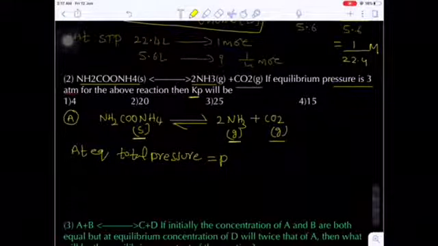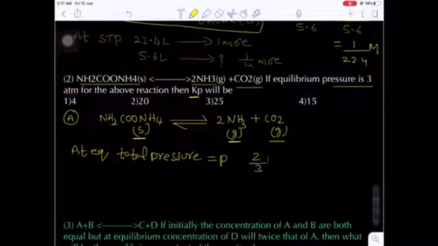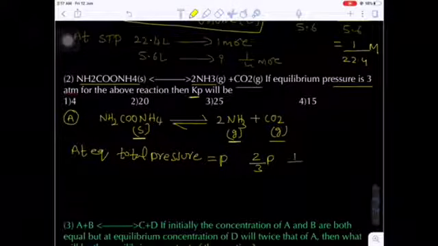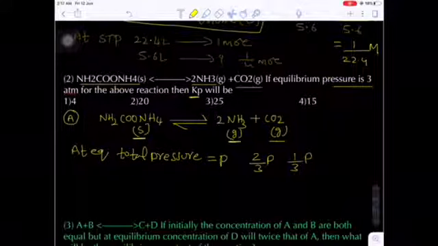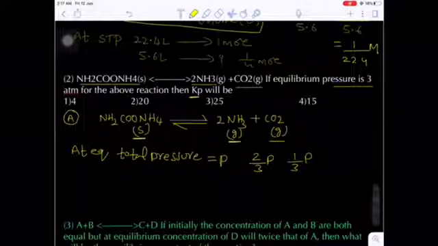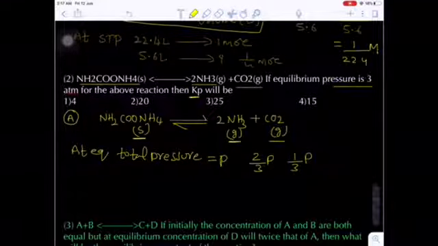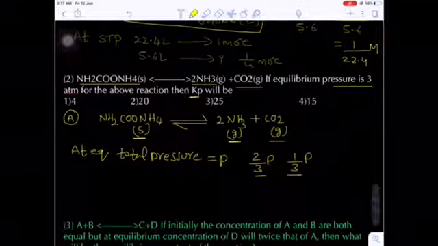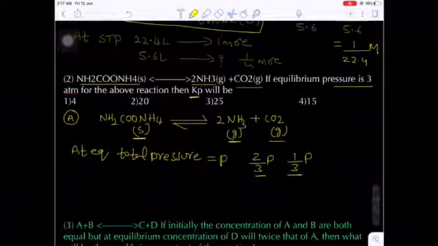The reactant is solid, so we should not consider its number of moles or pressure. So I take 2/3 P for ammonia and 1/3 P for carbon dioxide, because the total pressure is P. So 2P/3 plus P/3 is equal to P. I am distributing the total pressure into ammonia and carbon dioxide in a 2:1 ratio.